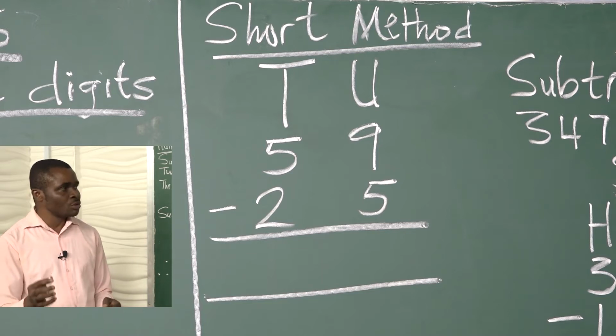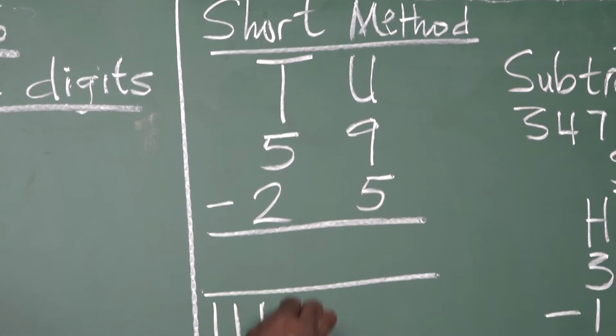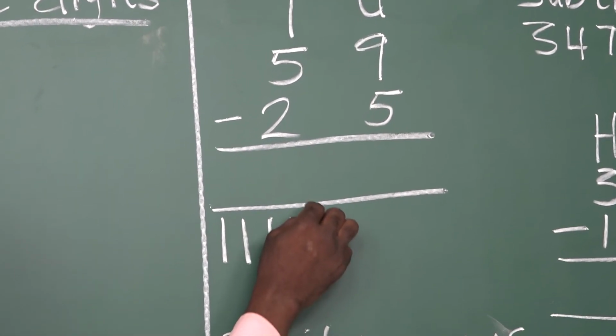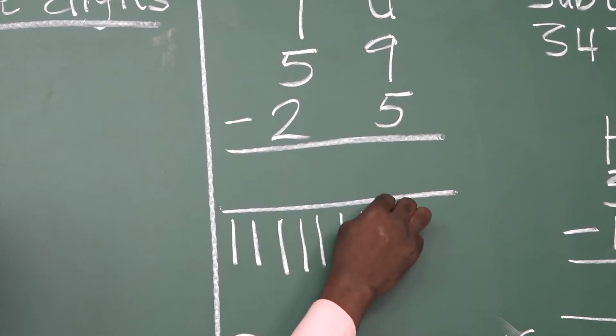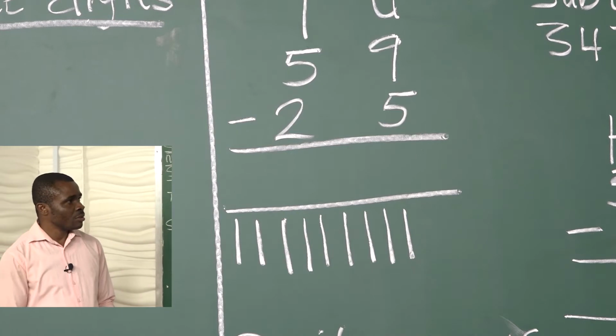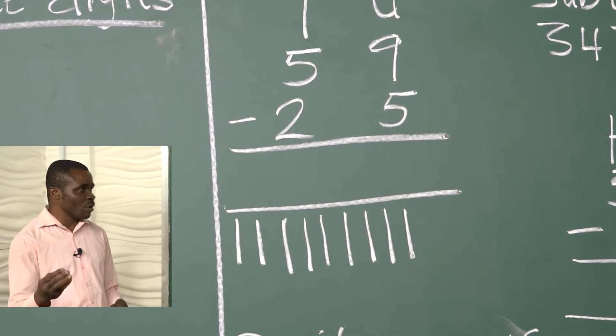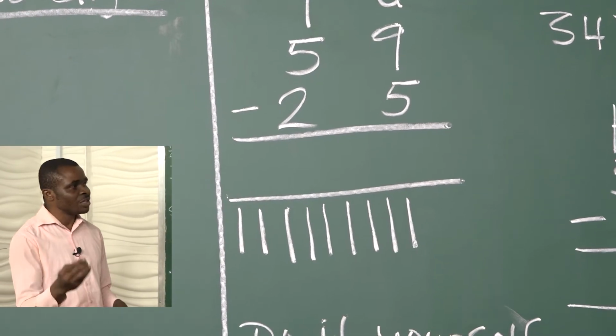Now you do the little subtraction by counting 9 strokes for your 9. Because that is the unit column, you have to subtract 5, or take away 5, from the 9. You count 5.